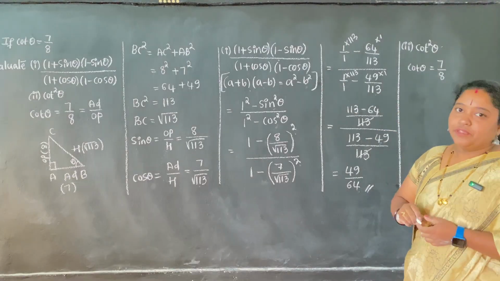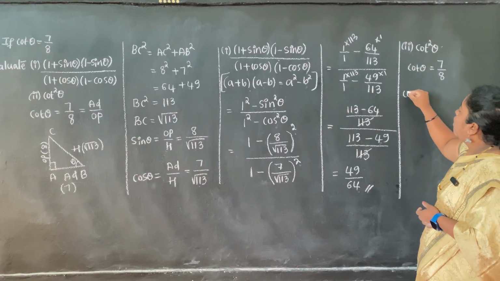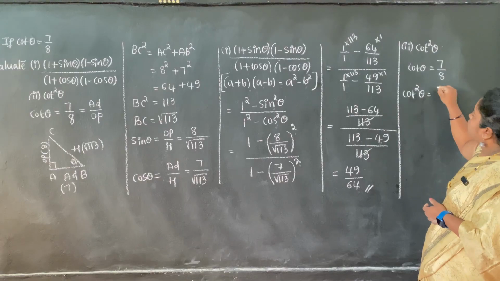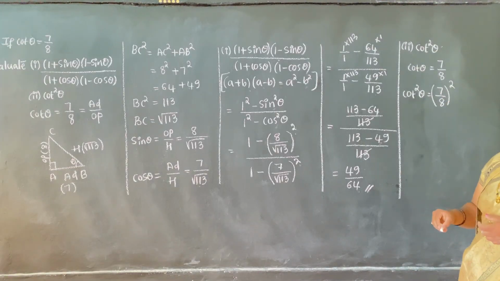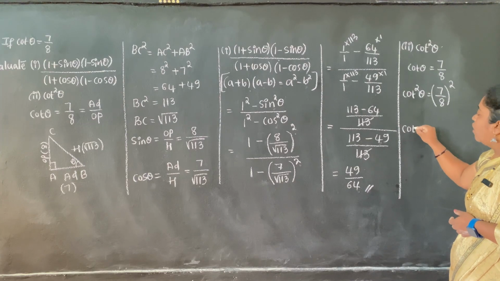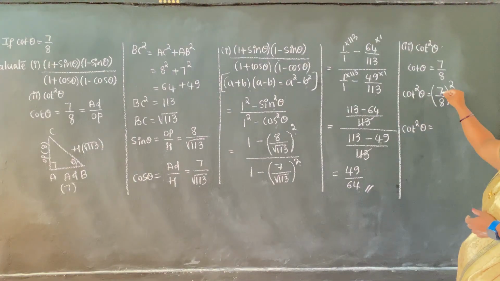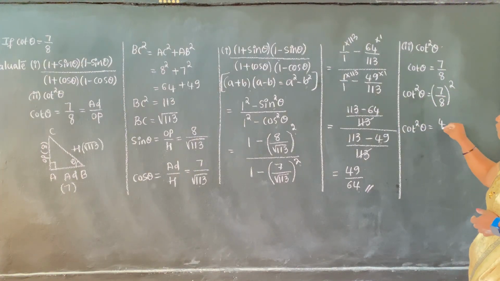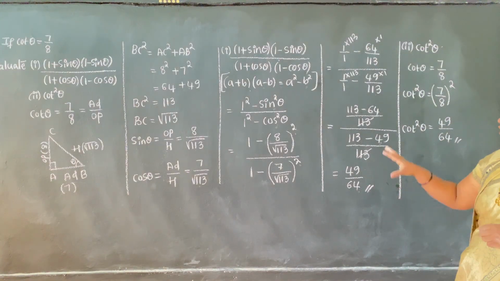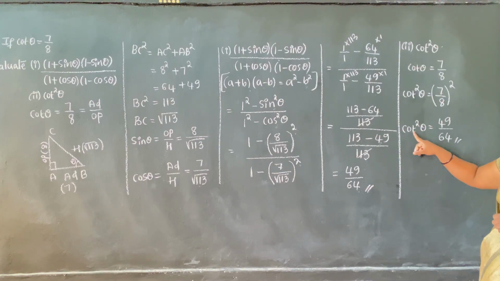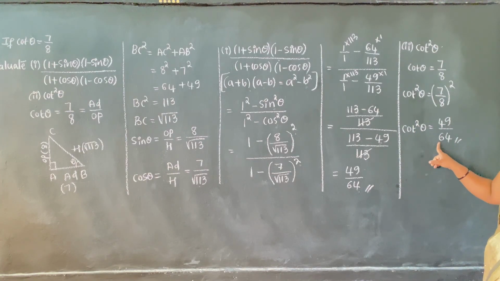Cot square theta means 7 by 8 the whole square. 7 square is how much? 49, and 8 square is how much? 64. And this is a very important question for the board examination. So cot square theta is 49 by 64.